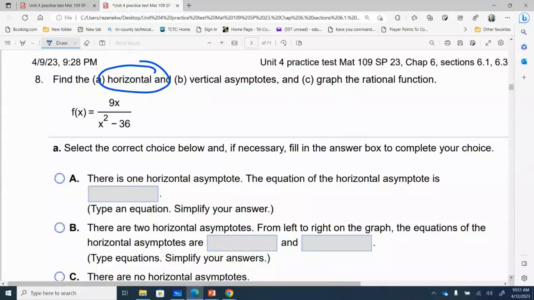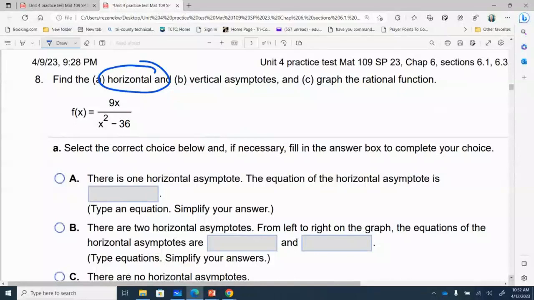Yes. Is your answer yes? What is the equation of the horizontal asymptote? Exactly. Why do you say that the horizontal asymptote is y equals 0? Because the degree of the numerator is less than the degree of the denominator, or the other way around, the degree of the denominator is greater.